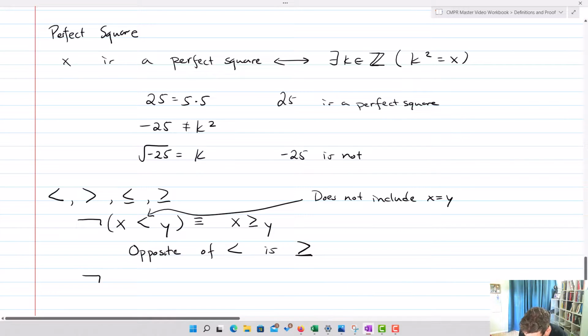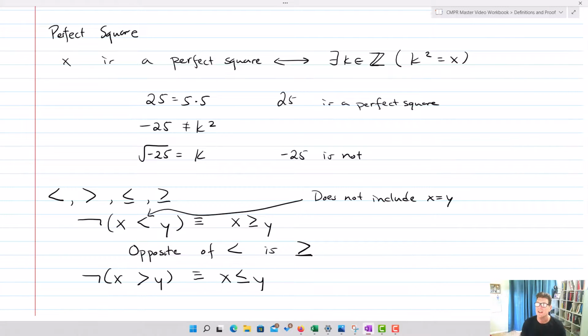Also, if I negate x is greater than y, that's going to be logically equivalent to x is less than or equal to y. Again, noticing that we need to include that equals piece. So that equals piece is actually really important. And same thing, if I negated x is less than or equal to y, that's going to end up being logically equivalent to x is greater than y.